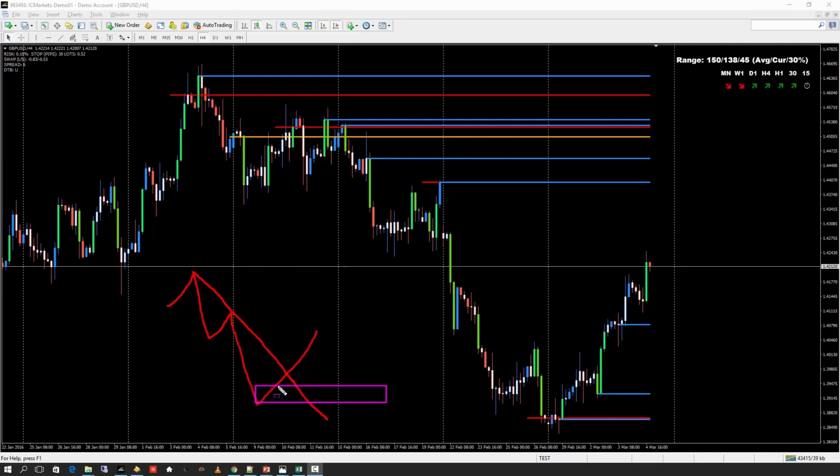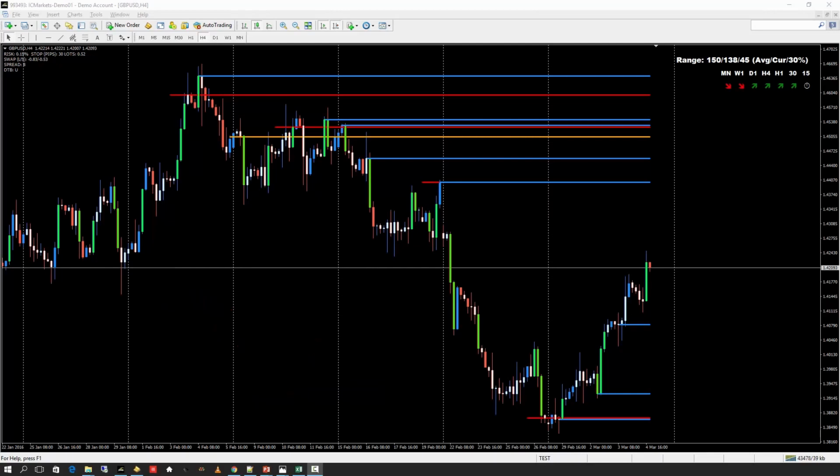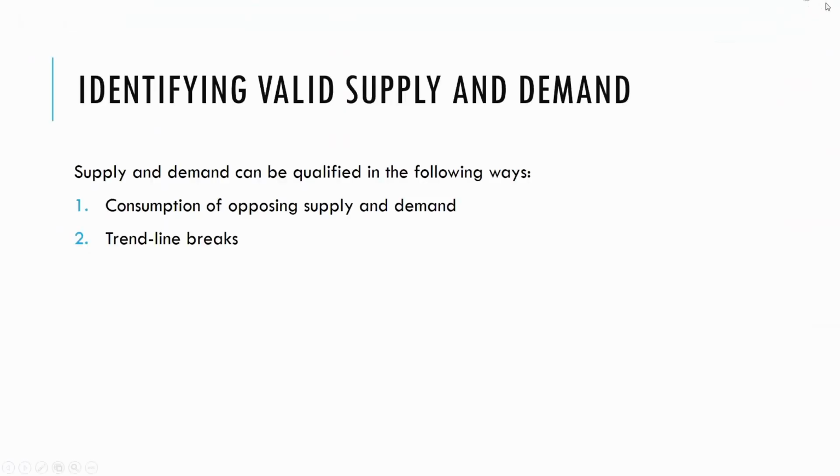And then this area is qualified as valid demand, but it has to break the trend line. Like that. So these are the two rules for qualifying valid supply and demand. And I'll cover this in detail shortly in the coming analysis. So the first one we looked at is consumption of opposing supply and demand. This is the most powerful way to qualify supply and demand. But we can also look at trend line breaks. Okay, good. Let's continue.